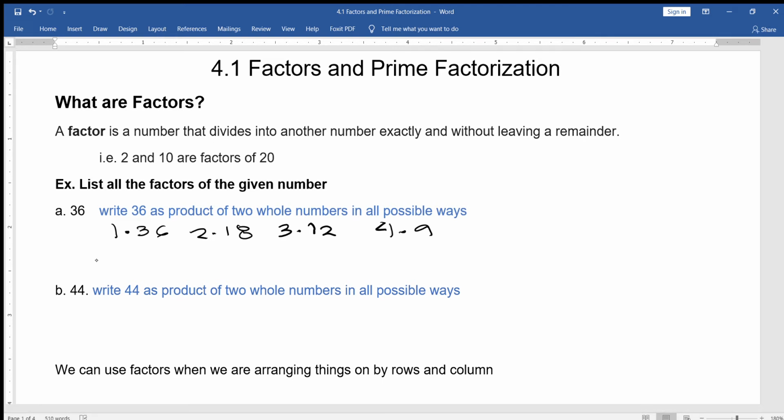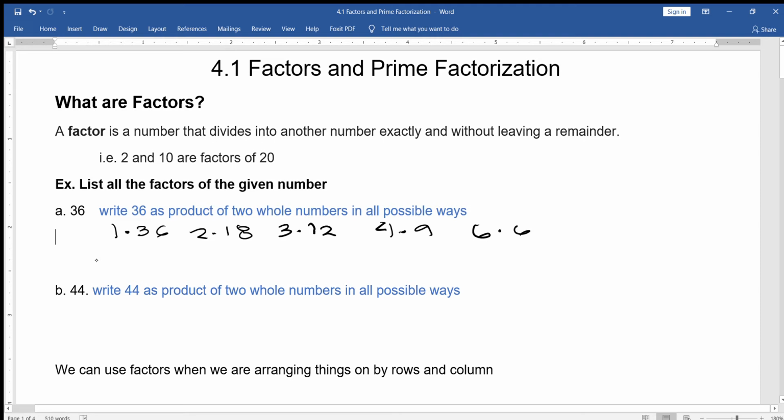Now, is there any more? Go check. Think of a number between 4 and 9 that divides 36. 5, you cannot. 6, what is 36 divided by 6? 6. So that means we have 6 times 6. Is there any more? No. Why is that?